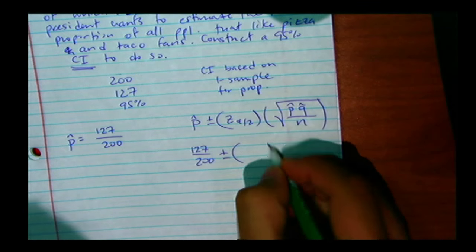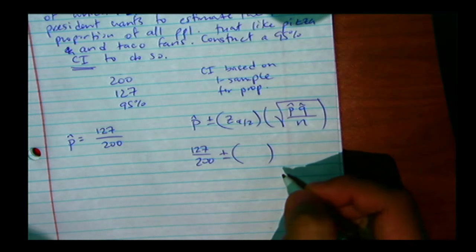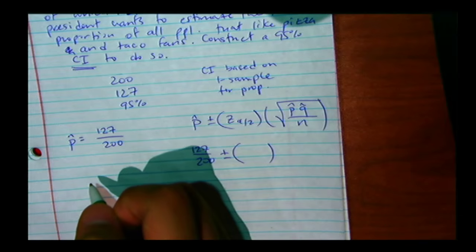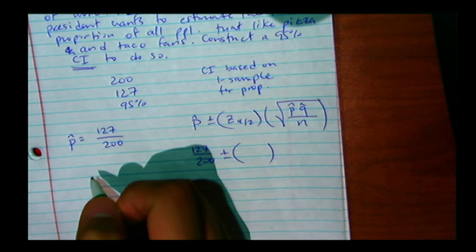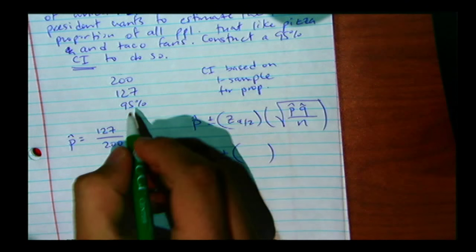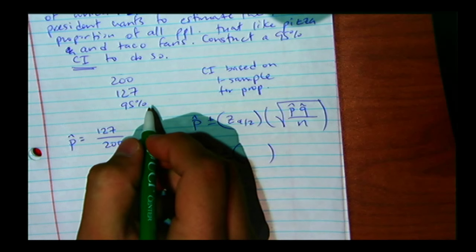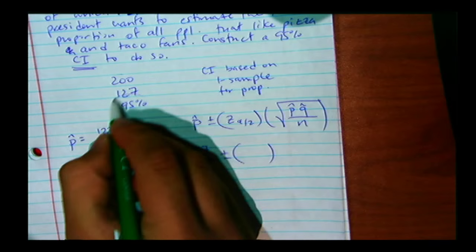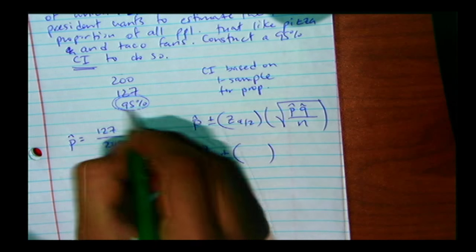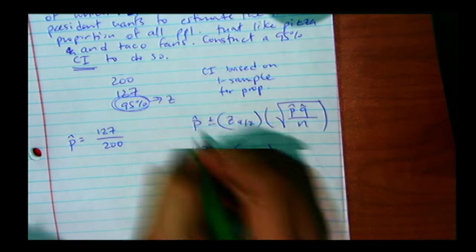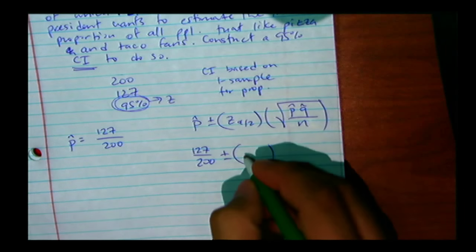How do we get that z value? Do you remember? No? We look at the percent confidence in this particular case, and the critical z, in this case, 1.96. Whenever you have 95% and it's dealing with a large sample, 1.96 is your critical value, times the square root of 127 over 200.